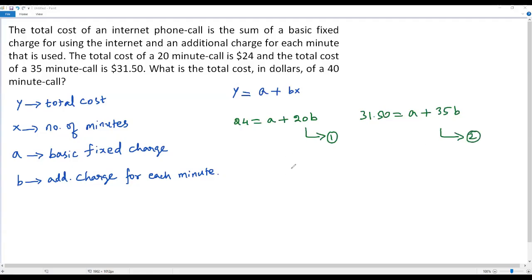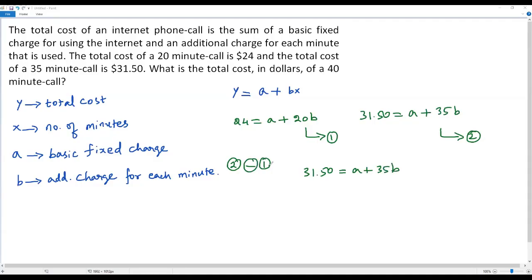If I subtract these two equations, I'll be able to get rid of A. Once I get rid of A, I can find the value of B. Now I'm going to subtract the first equation from the second equation. Let me write the second equation over here as it is: 31.50 equals A plus 35B.